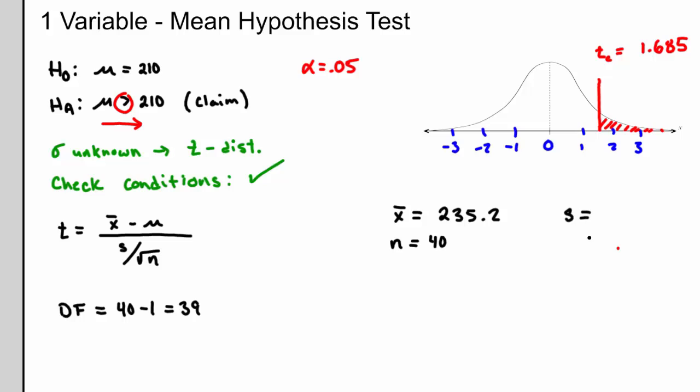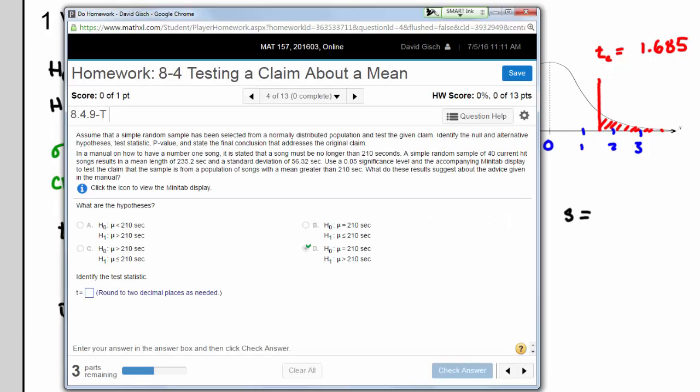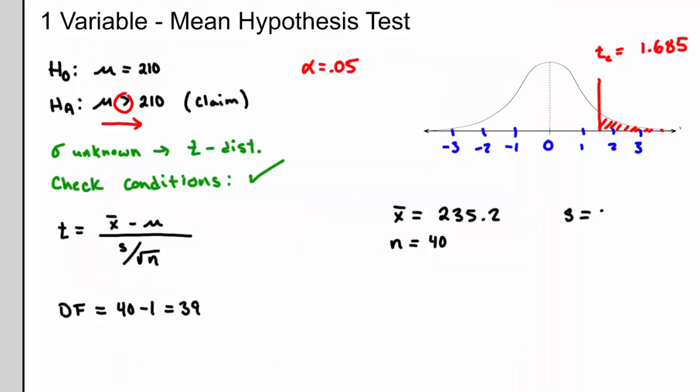And S, because again, that was a sample value, and that was 56.32. So if I was to do this manually, this would give me all the values I would need to calculate T, but let's use StatCrunch to actually do the calculation.